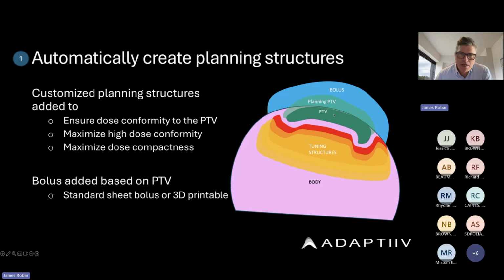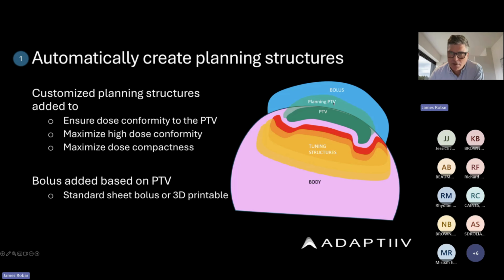I do want to mention that bolus can be kind of irregular in shape, that is mirroring the shape of the PTV at the surface plus a margin. That is going to give you not a shape that's rectangular likely. And so that would be quite amenable to 3D printing if you wanted to. The second option for that bolus is a Superflab style bolus, so a vinyl sheet style geometry.